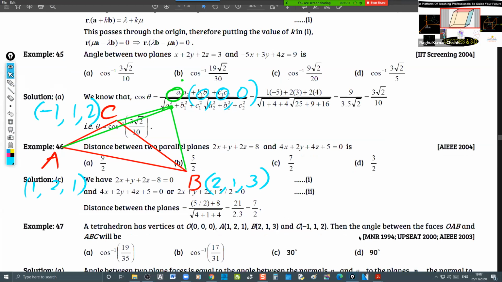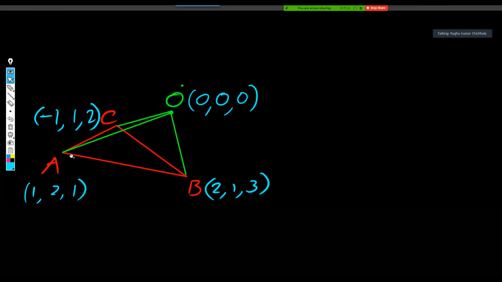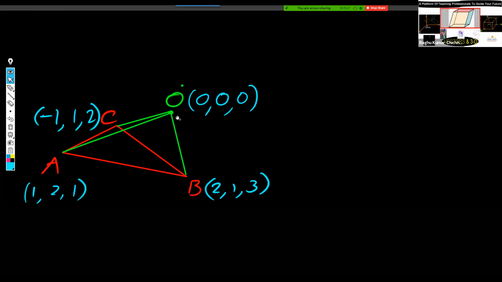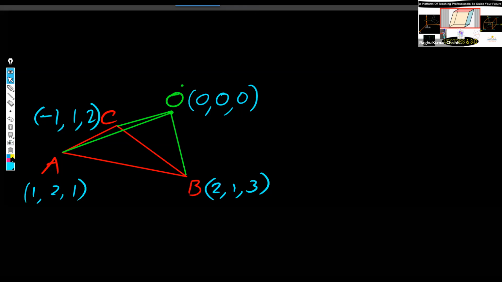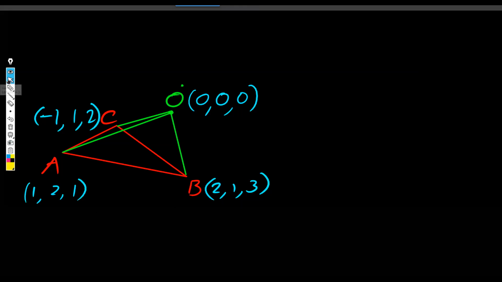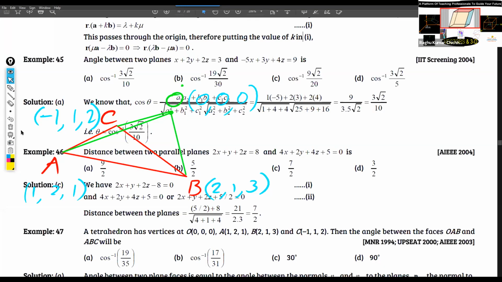What is the question here? The angle between the faces OAB and ABC. Now you have to find out the angle between the planes OAB and ABC.